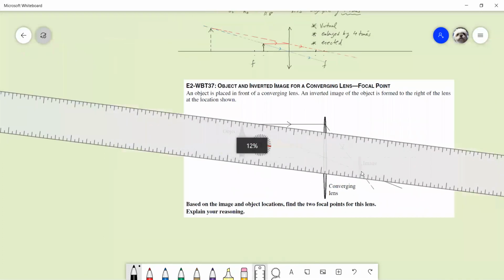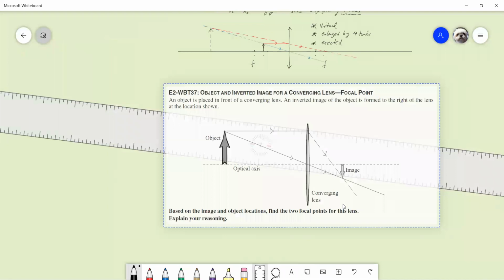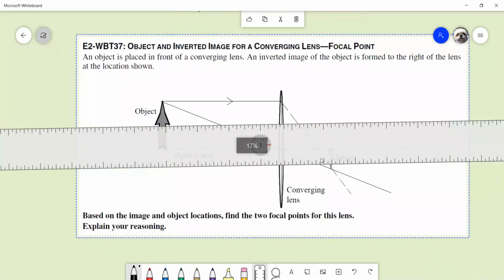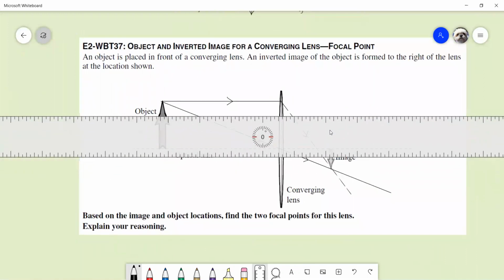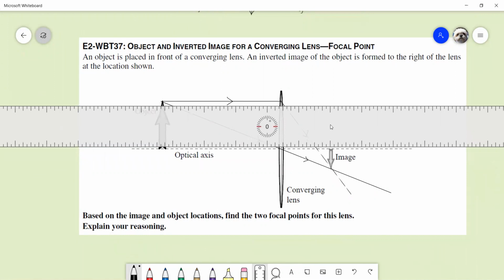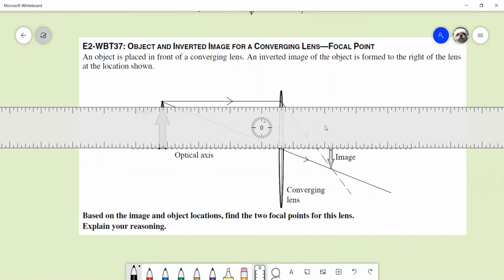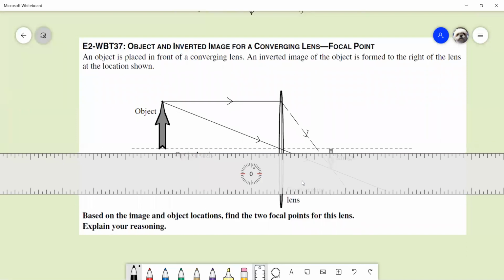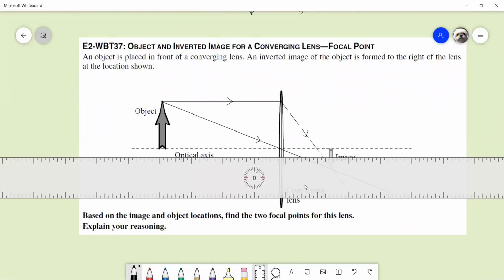Whatever the first wave hitting, intersecting with the principal axis, that will be my focal point. Let me zoom in. Here will be my focal point: 1, 2, 3, 4, 4.5, right? Now this will be my focal point.